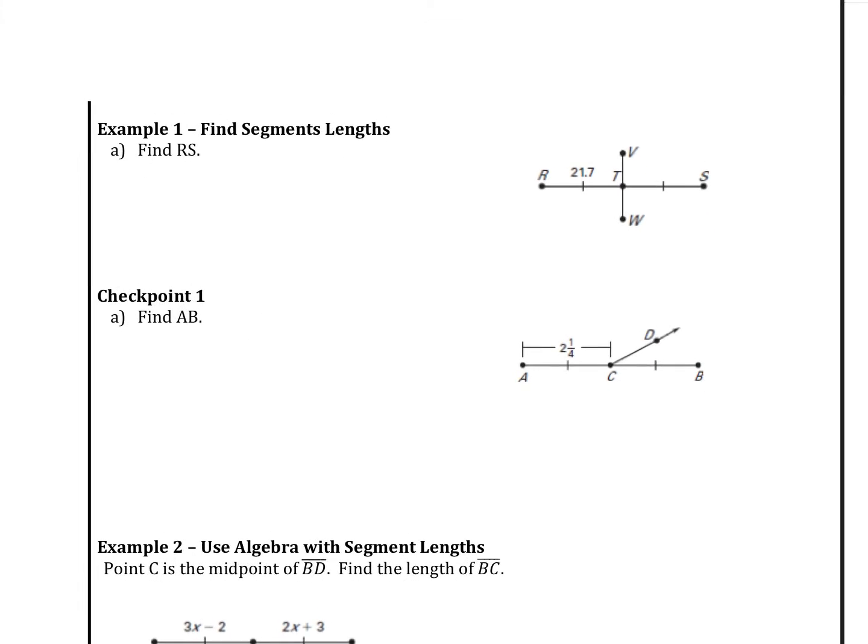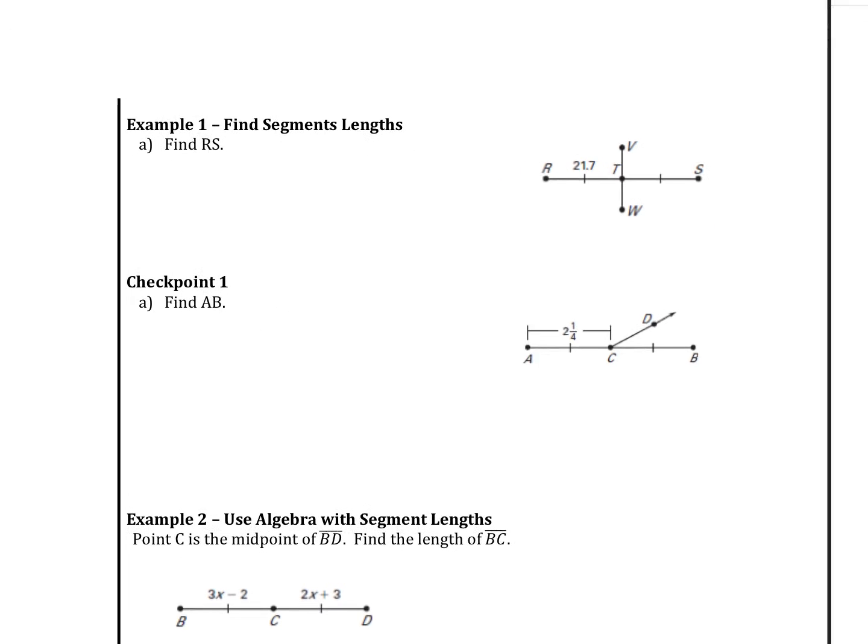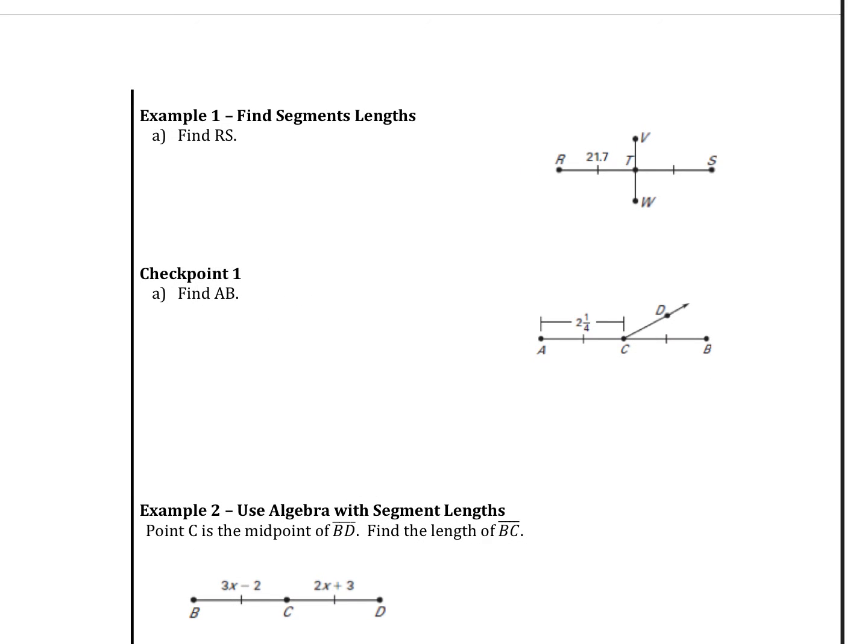So we have find segment lengths. Example 1. It says find RS. So RS is this length right here. We know that these tick marks right here in the middle mean that RT is congruent to TS, and we know that RT is 21.7, so we're looking for that whole length there. Well, what can we do here, do you think?